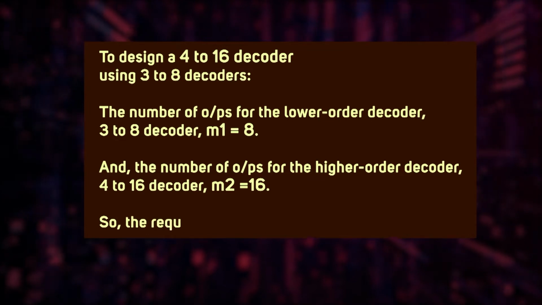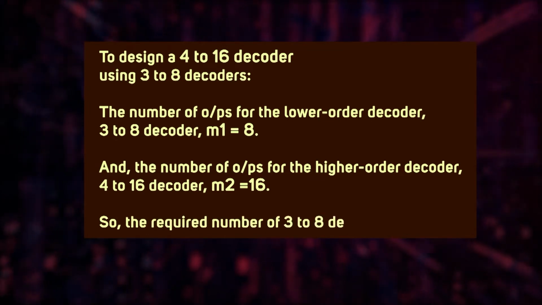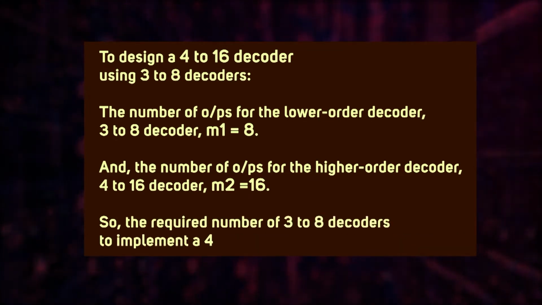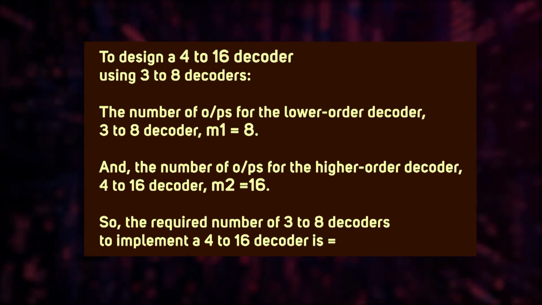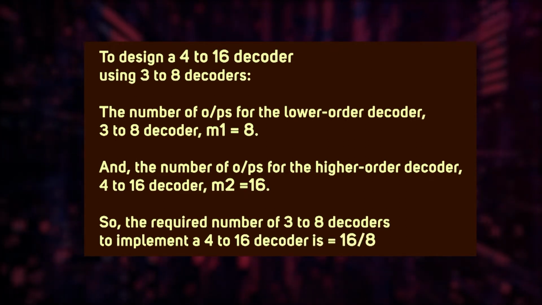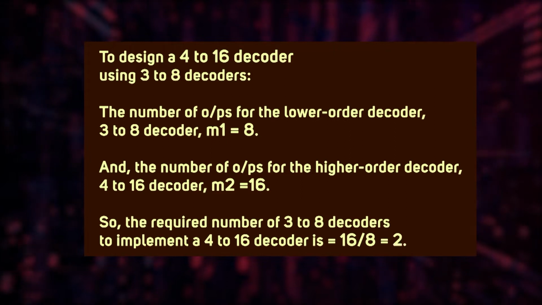So, the required number of 3 to 8 decoders to implement a 4 to 16 decoder is M2 by M1 equals 16 by 8, that is equal to 2. So, we are going to use two 3 to 8 line decoders for constructing a 4 to 16 decoder. We have already learnt the working of the 3 to 8 decoder, its truth table and the logic circuit. Now, we go for implementation.